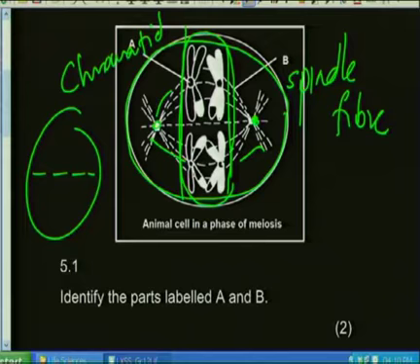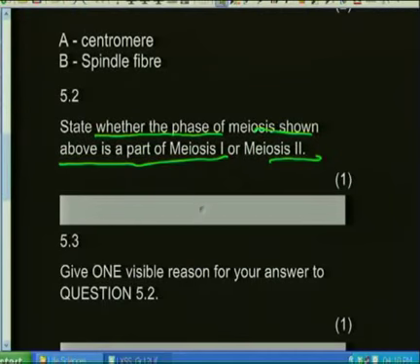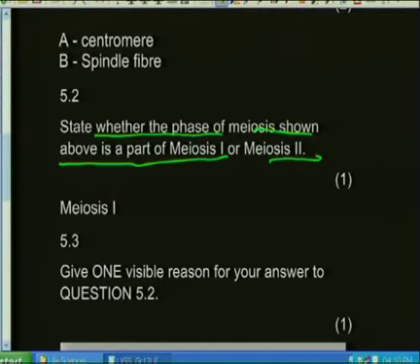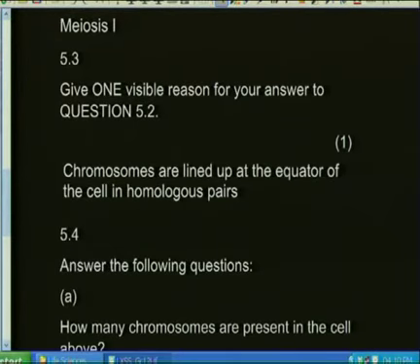The homologous chromosomes are lying next to each other. And if that's the case, it will be, as I told you earlier, metaphase 1, meiosis 1. Give one visible reason for your answer, and I've given you that already. Chromosomes are lined at the equator of the cell in homologous pairs. If it was meiosis 2, they would be at the equator singly, one only, per spindle fiber.